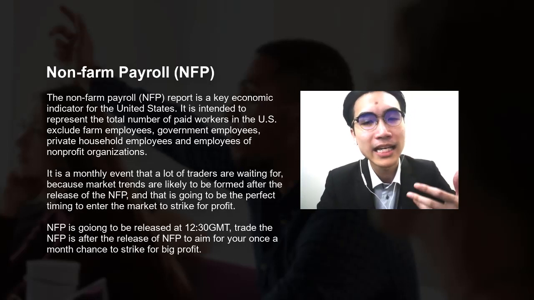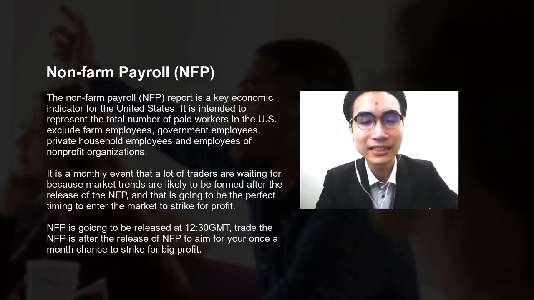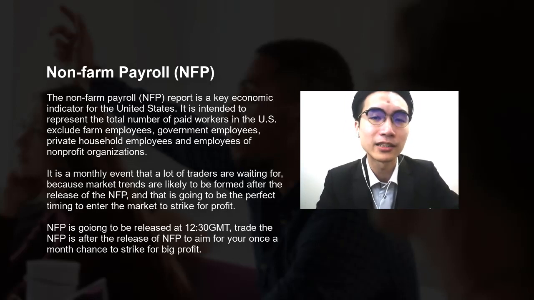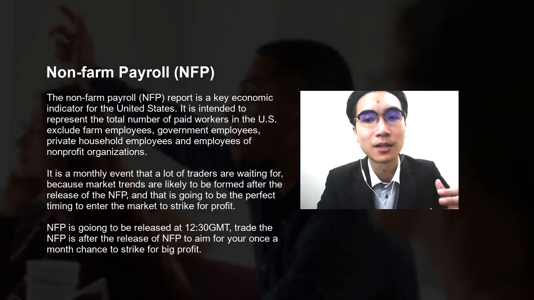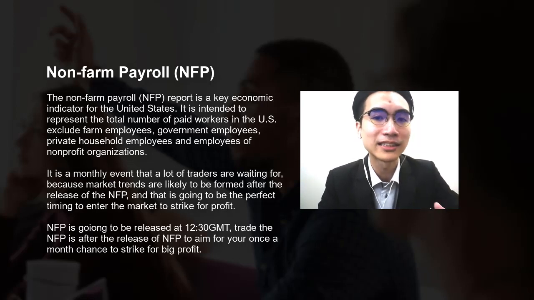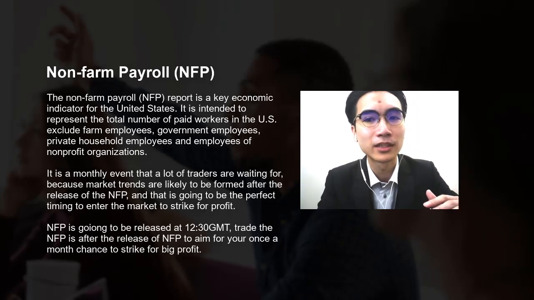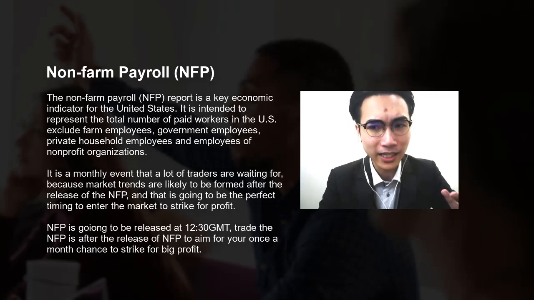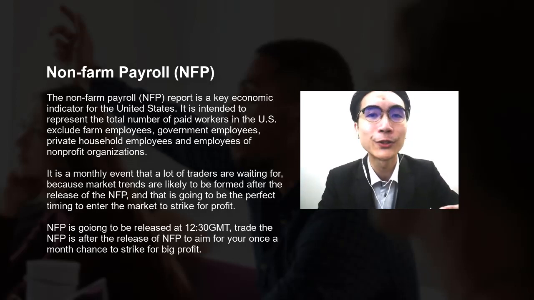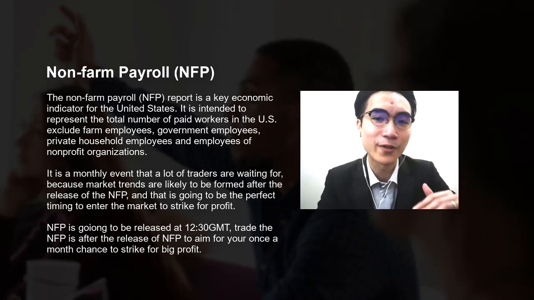It's a monthly event, and a lot of traders around the world are waiting for its release, because market trends are likely to form after the release of the NFP. That is the perfect timing to enter the market and strike for profit.